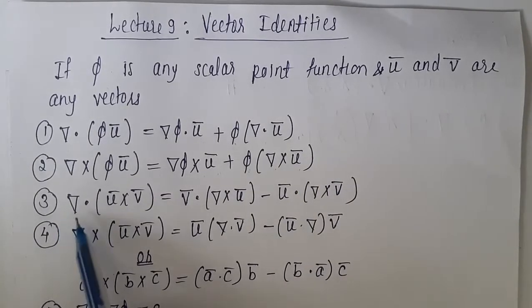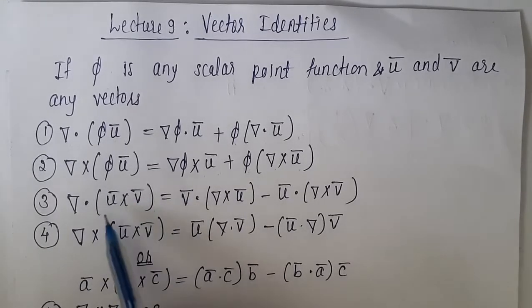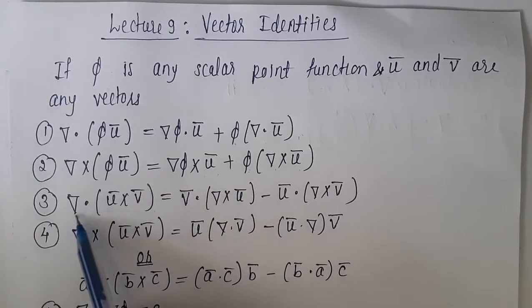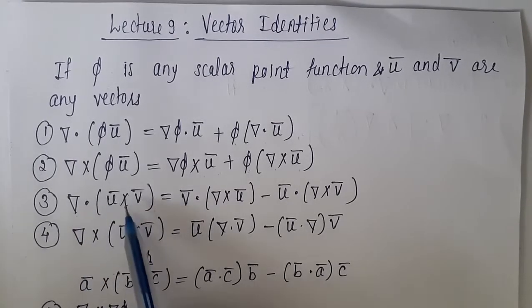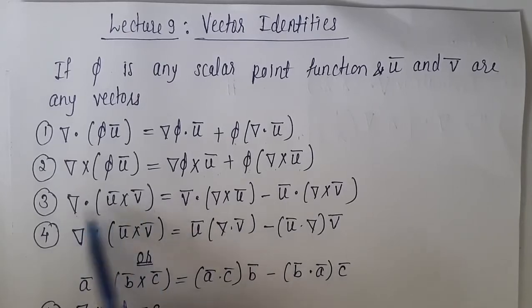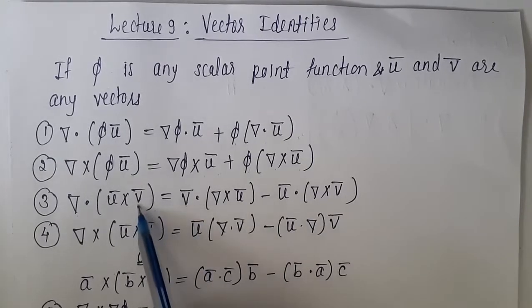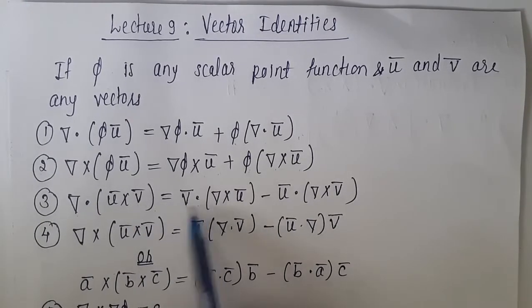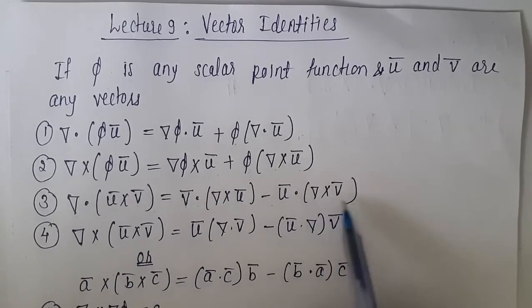Next, the third identity is del dot u cross v. If there are two vectors u cross v and we are taking the dot product with del, so del dot u cross v. If we observe it carefully, here we have three vectors, so it is a dot product of three vectors. Del dot u cross v is equal to v dot del cross u minus u dot del cross v.